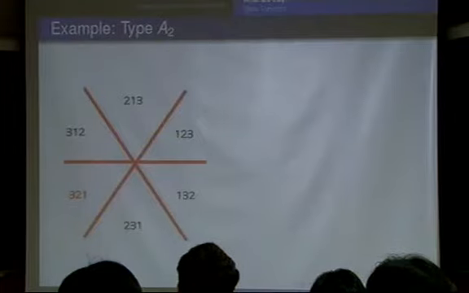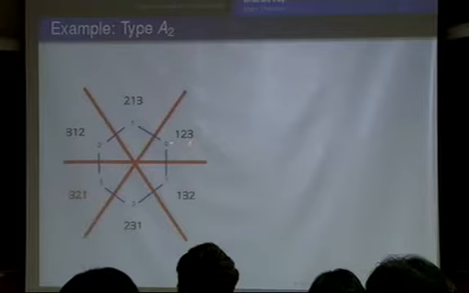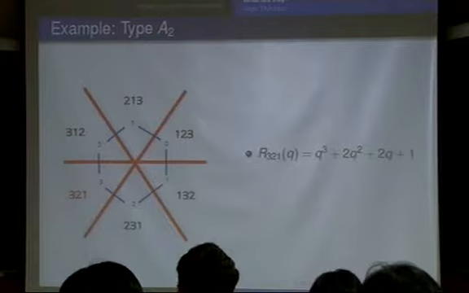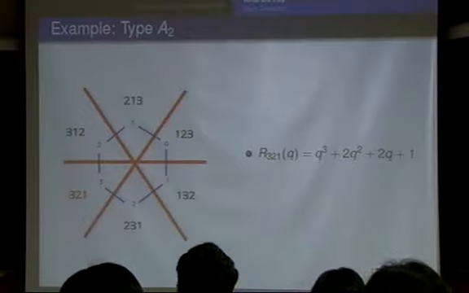So this red arrangement, the entire hyperplane arrangement, is the inversion hyperplane arrangement. From the identity region, this is the distance from the identity region to this region: 1, 1, 2, 2, 3. So the region polynomial is q cubed plus 2q squared plus 2q plus 1. So the blue number means the distance? Yes, the distance from the identity region.